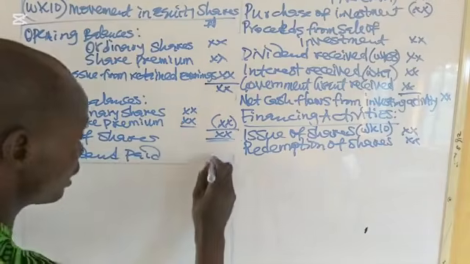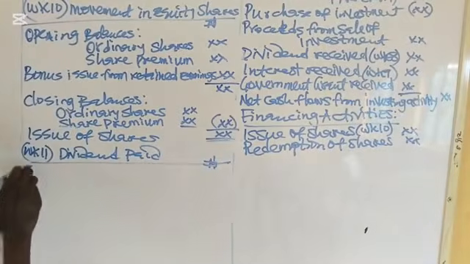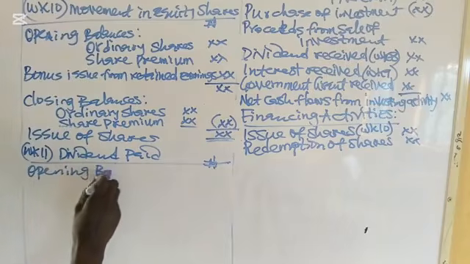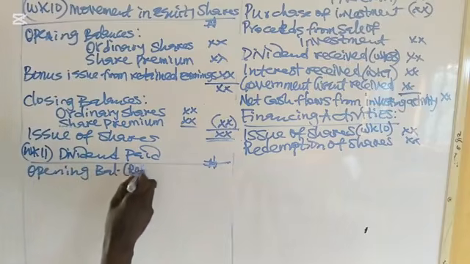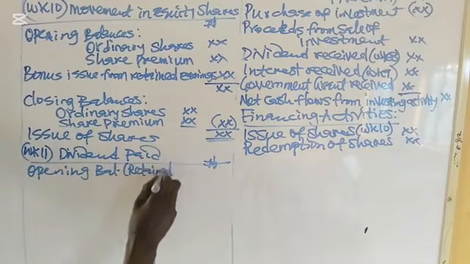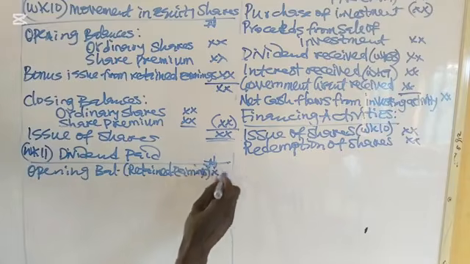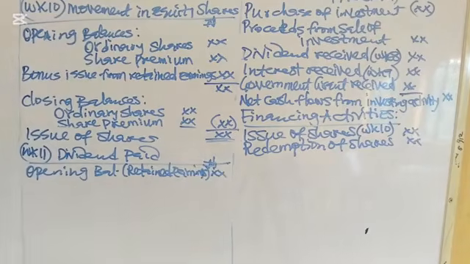Dividend may be paid from retained earnings. We start with the opening balance as usual. Opening balance. That is retained earnings. So you have profit for the year.